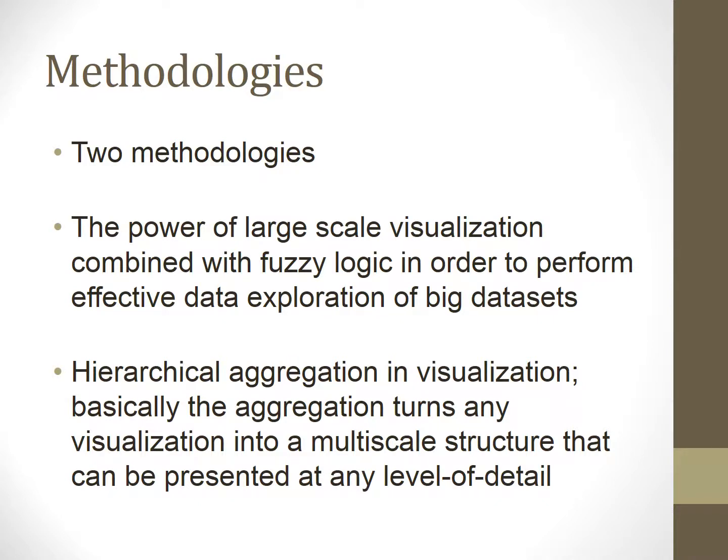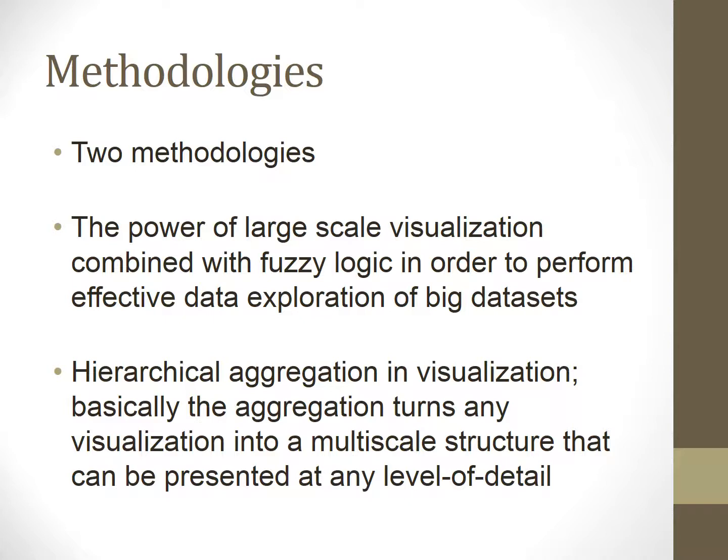So again, in building these visualizations it is important to identify the level of detail that we're going to be aggregating, and the meaning of the information that is going to be presented.